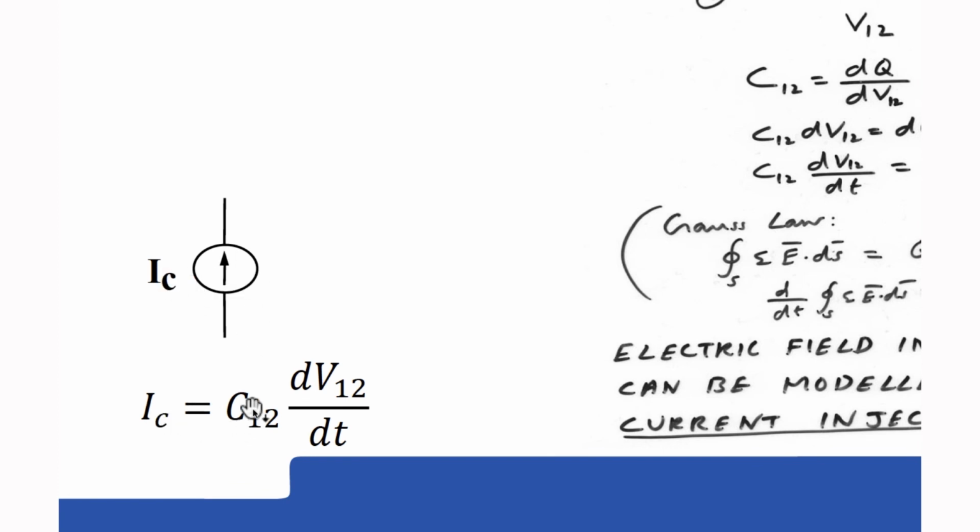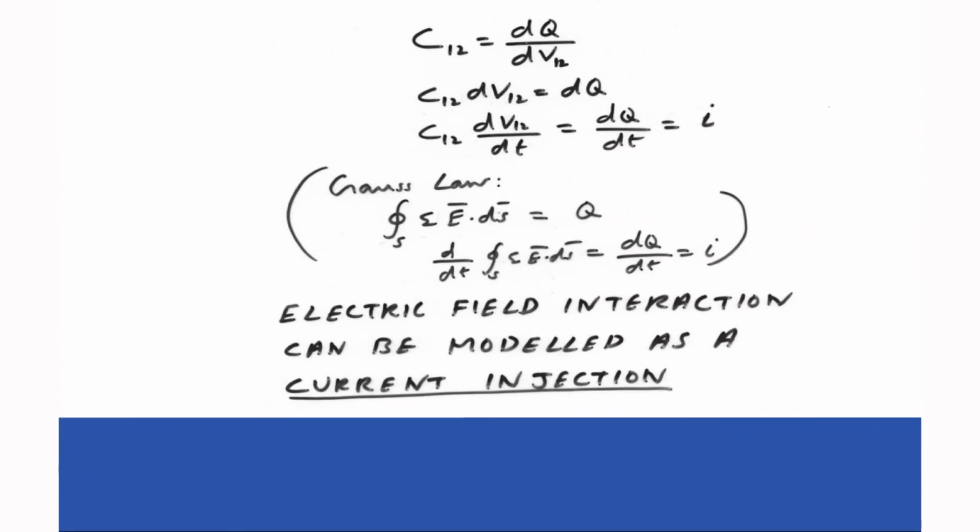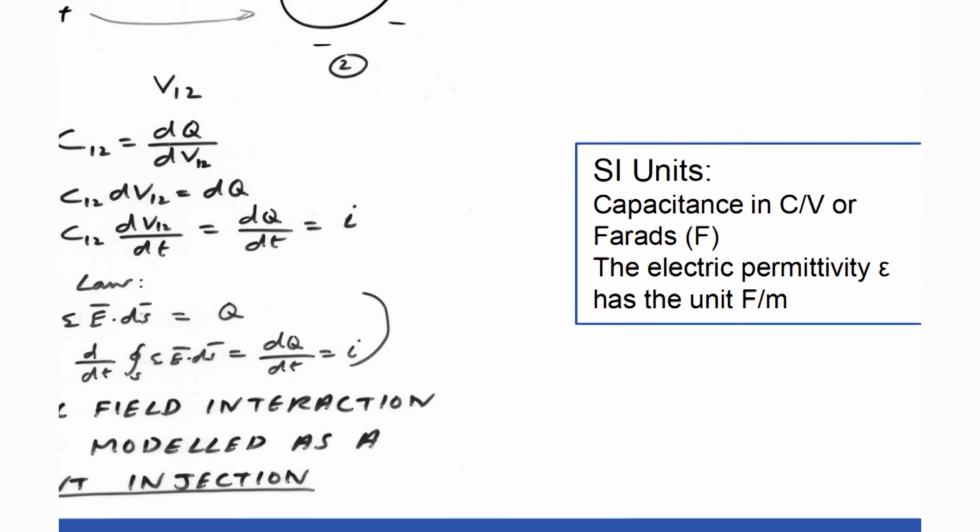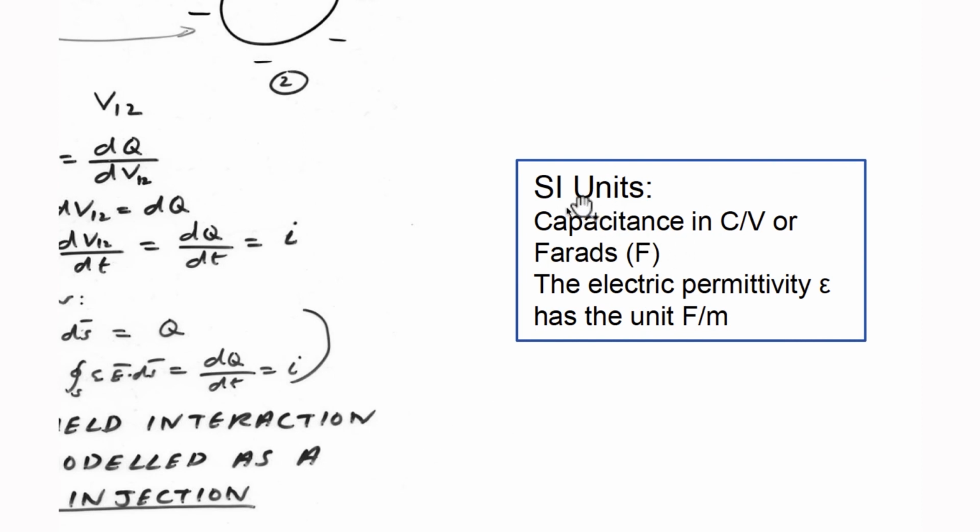IC is nothing but C12 dV/dt, the rate of change of voltage. It is this one. Now, in SI units, capacitance is in coulombs per volt. It comes from here, or we can call it farads. The electric permittivity epsilon has the unit farads per meter.